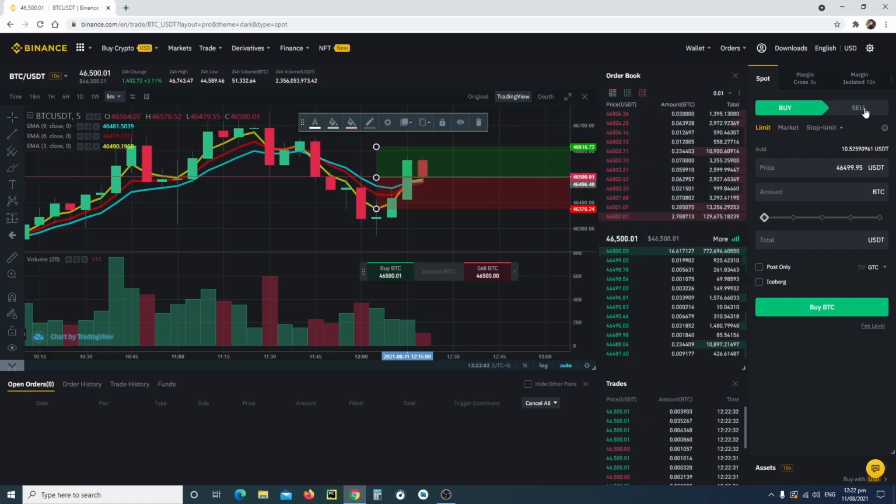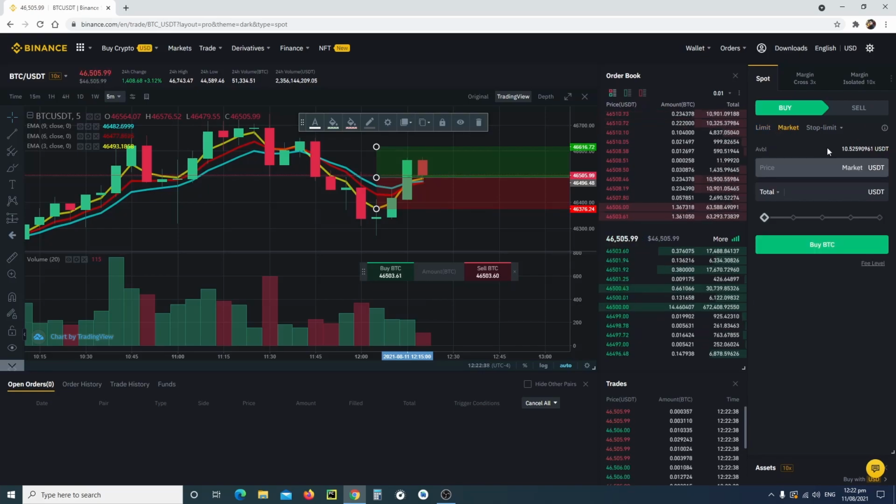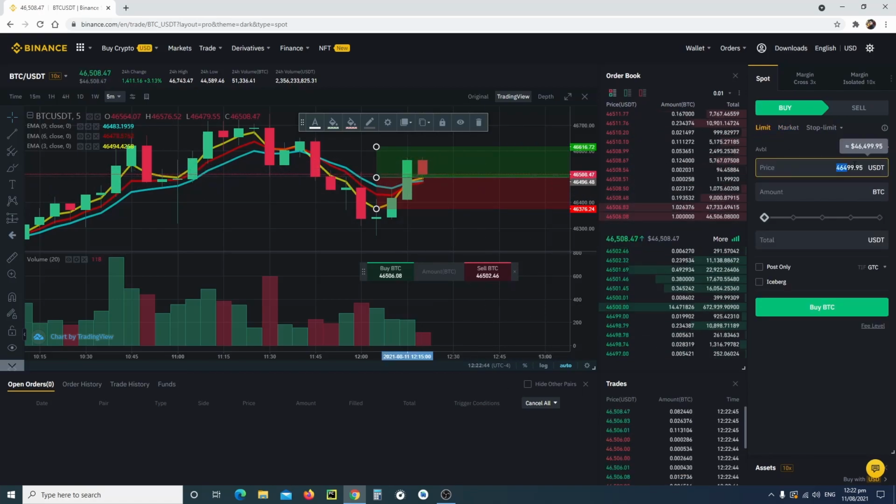In order for us to purchase, on the right hand side here, we could do limit trades or we could do market trades. Market trades is at the current price right now, whereas the limit trade will be whatever price you want to trade at. Let's just say I wanted to trade this. I will enter the total amount in BTC.